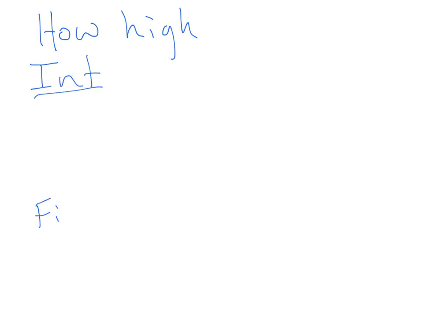So first let's talk about how high this is going to travel. So let's break this up into when it initially leaves until its max height. So let's look at our initial conditions and our final conditions. Well, initially we have a velocity that is positive, and it's 10 meters per second.